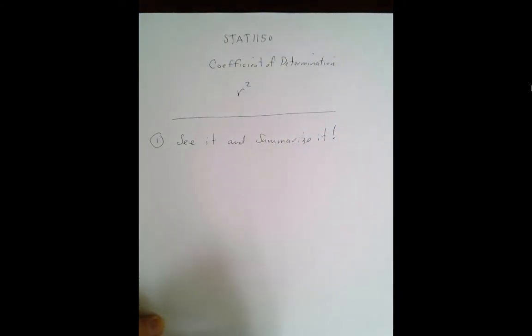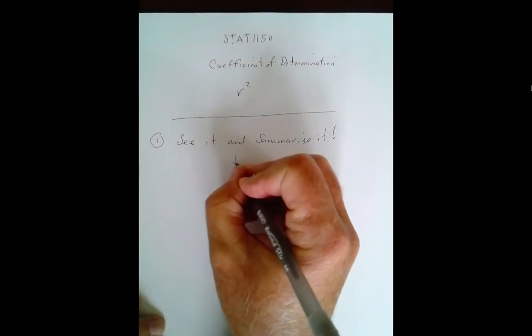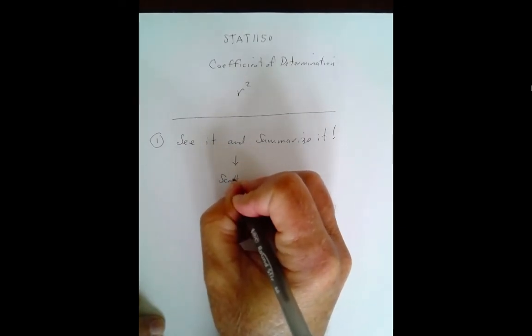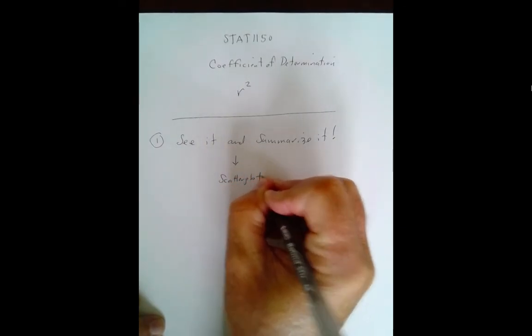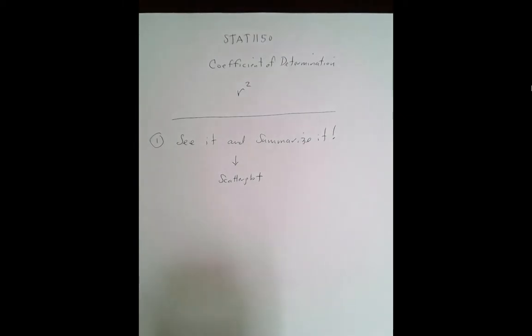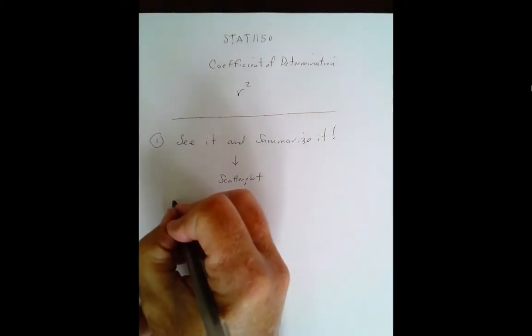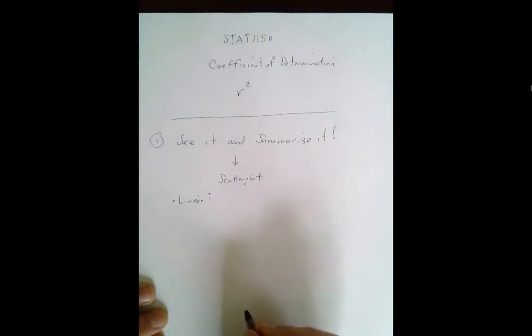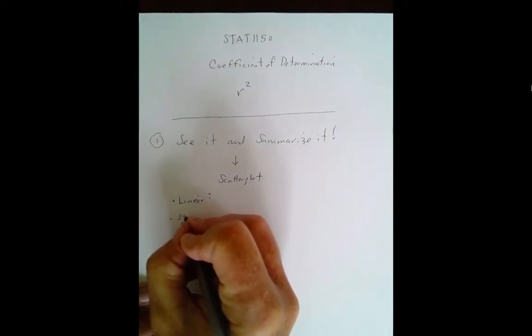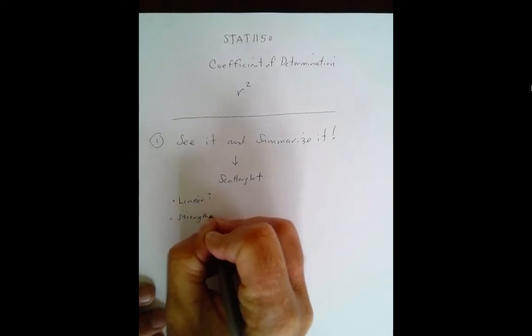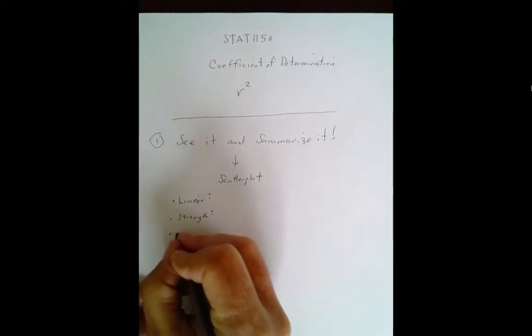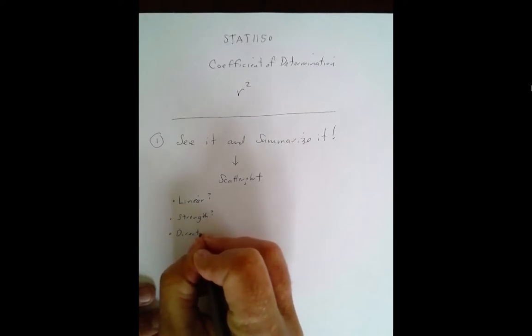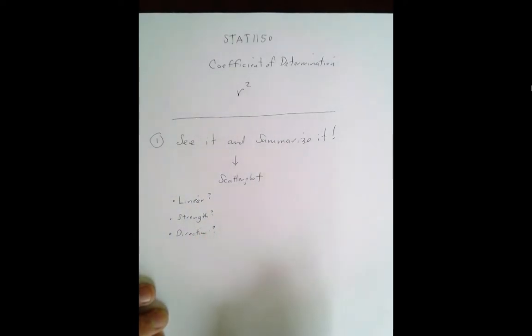And in this part, in the two variable statistics part that I'm trying to teach you, what we would do is we would look at a scatter plot and we would talk about three things. Is it linear? What's the strength? And what's the direction?